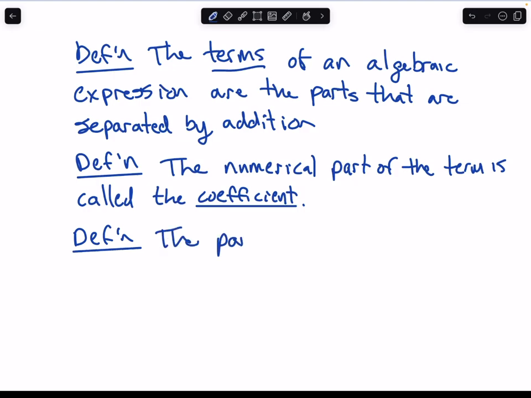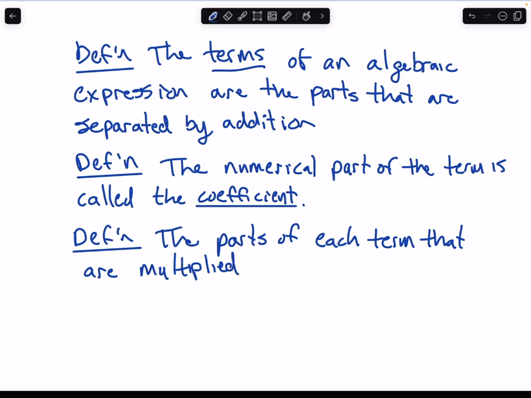The parts of each term that are multiplied together are called the factors of the term.